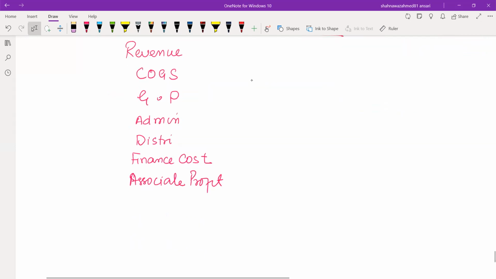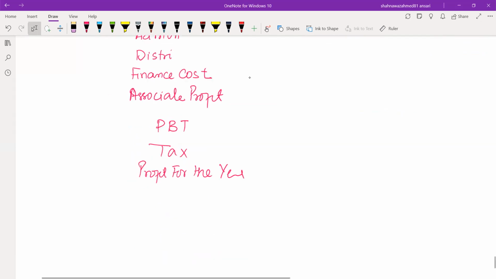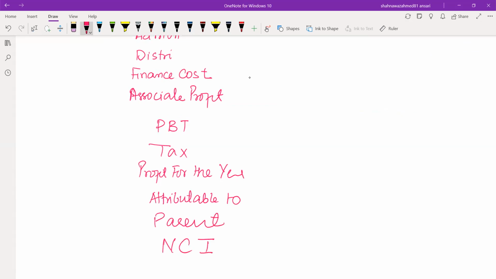And this is my PBT, tax value, profit for the year. And after this, I have to find out NCI share, profit attributable to parent company and profit attributable to NCI.